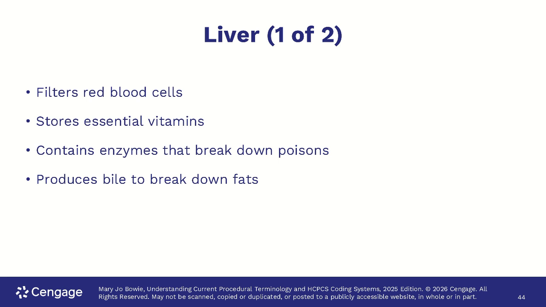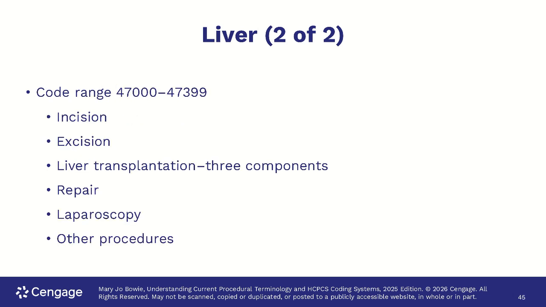On to the liver. So the liver filters red blood cells, stores essential vitamins, and contains enzymes that break down poisons in our body and produces bile that helps to break down the fat. And in case you are wondering, hey, is there a liver transplantation code? You betcha.